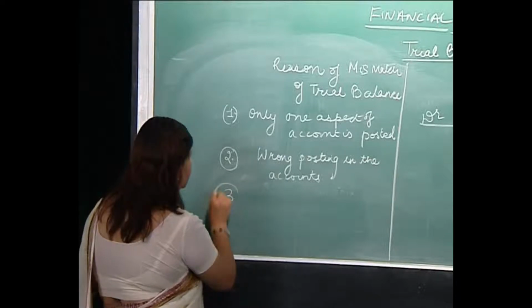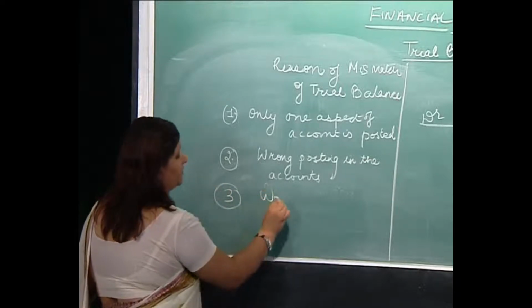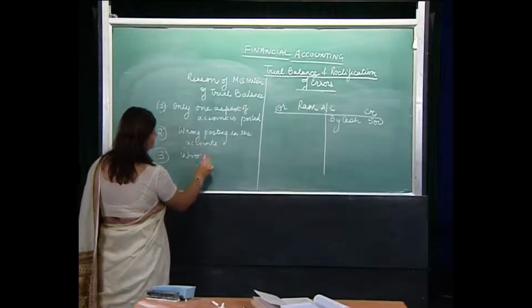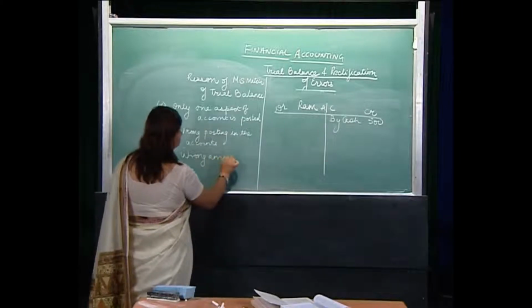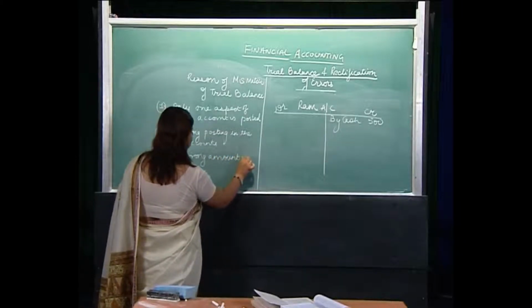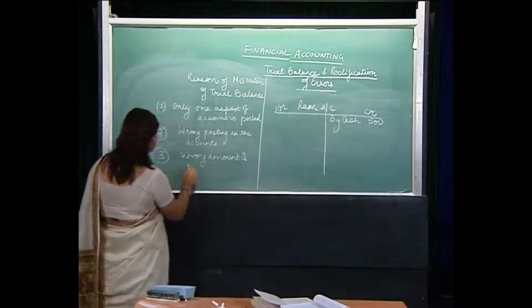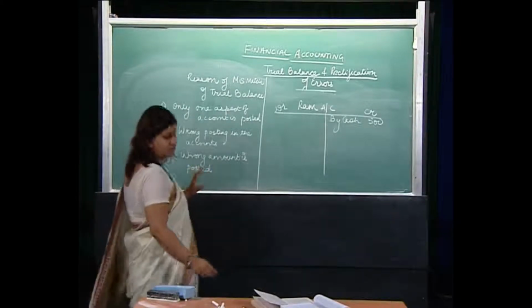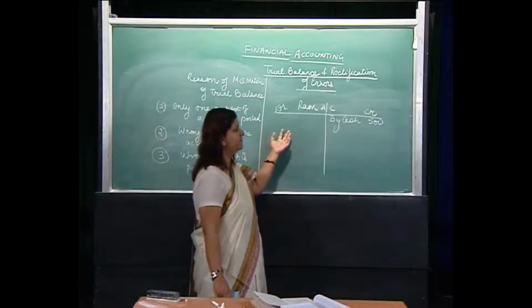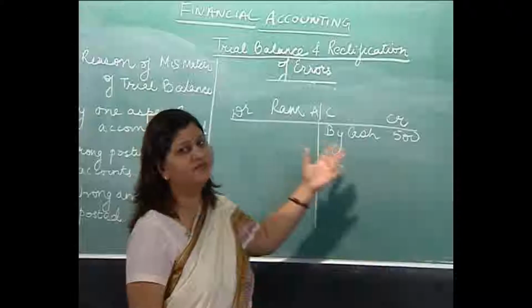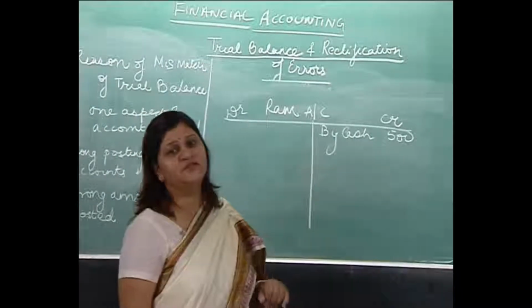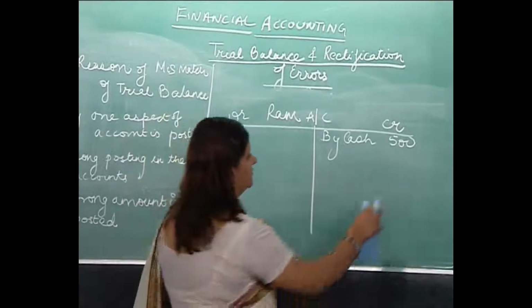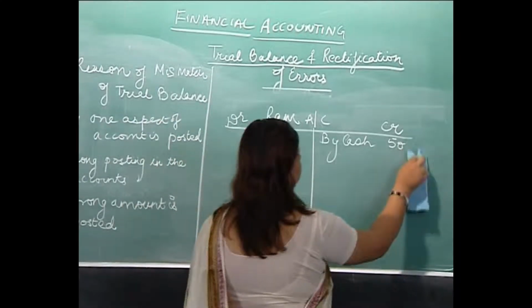The third one is wrong amount is posted. We had to post as if we have received from Ram cash 500, but instead of posting 500, we have posted it as 50.